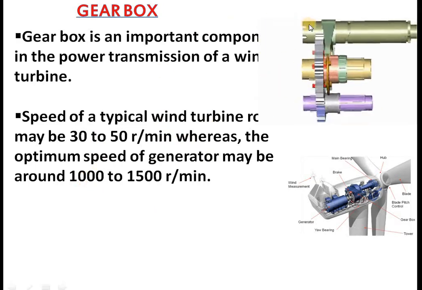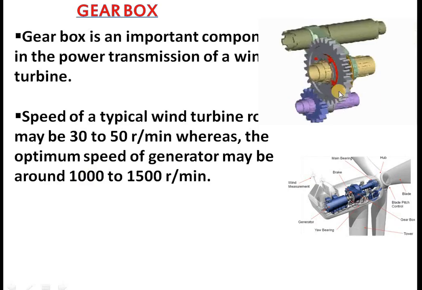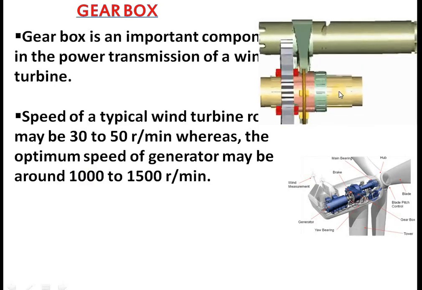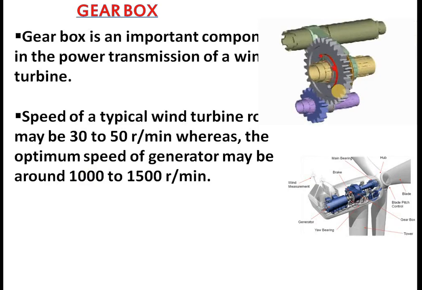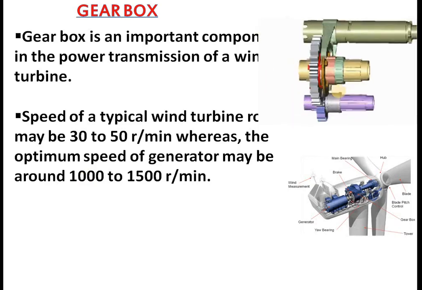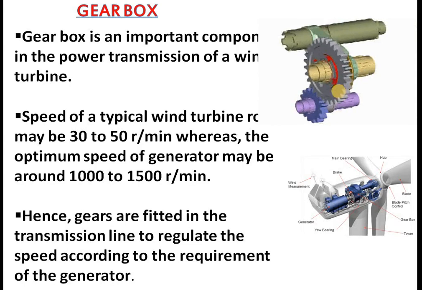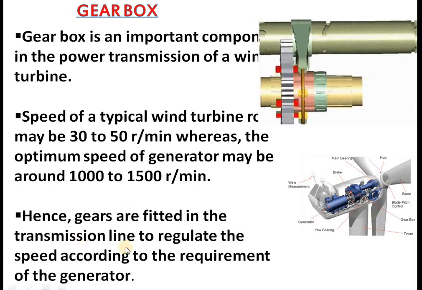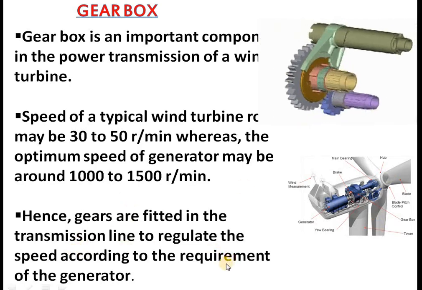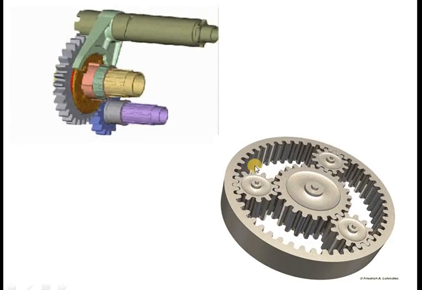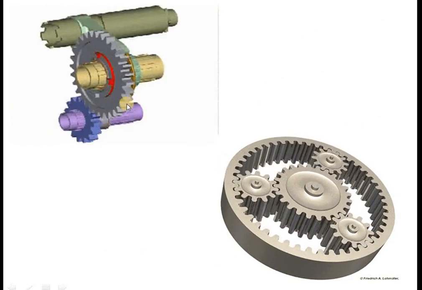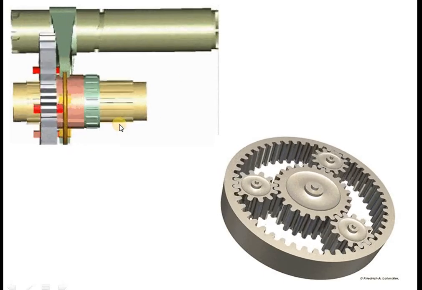This is made possible by using a gearbox. It's a mediator which converts the blades' low speed into the generator's high speed. Gears are fitted in the transmission line to regulate the speed according to the requirement of the generator. This is shown here.